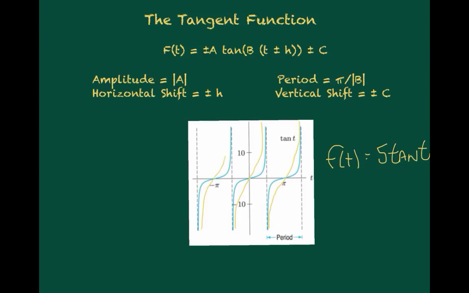The curve would just be much steeper. It's also really important to note that the period of tangent is pi, that it repeats every pi instead of every 2 pi. And finally, when we generate the curve of tangent, it has all these asymptotes.